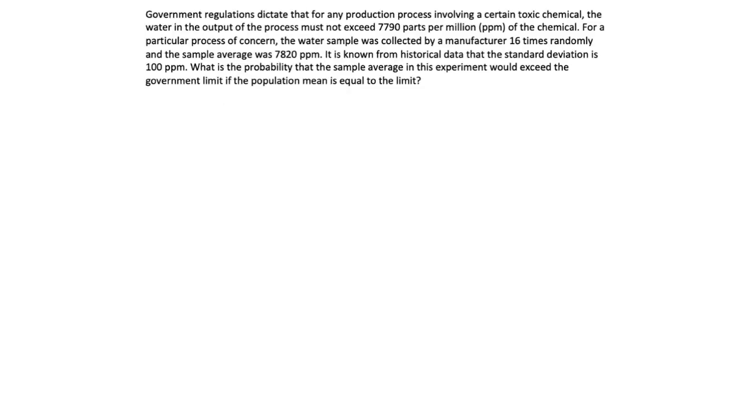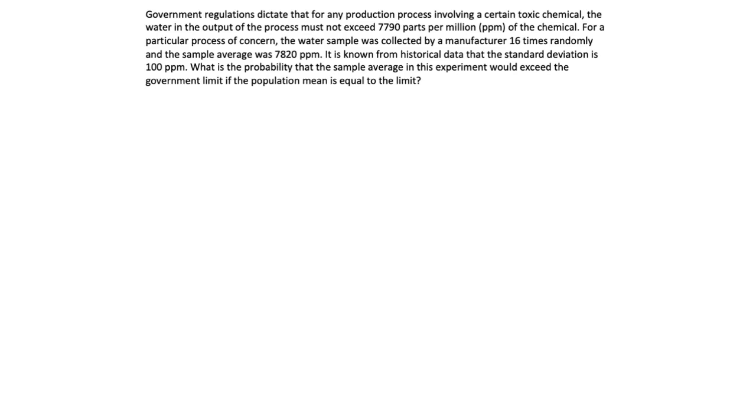Government regulations dictate that for any production process involving a certain toxic chemical, the water in the output of the process must not exceed 7,790 parts per million, or ppms, of the chemical.